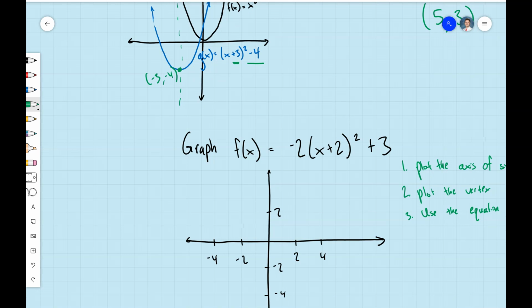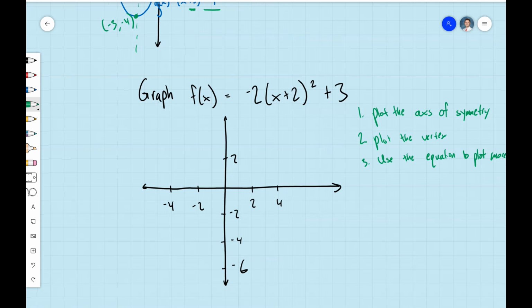Now let's look at graphing two of these. So f of x equals negative 2 times x plus 2 squared plus 3. The first thing we can do is plot that axis of symmetry, because we know it's going to be at h. The format is a times x minus h squared plus k, so when we have addition here, that means h is actually a negative value.